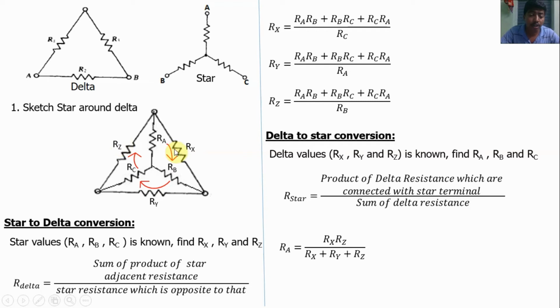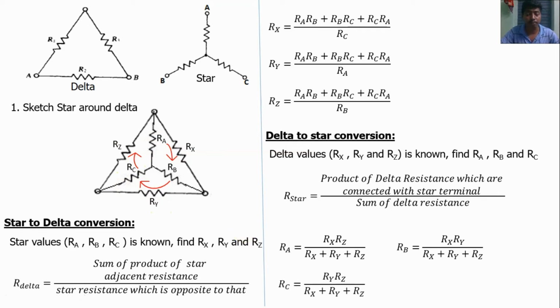So Ra is the product of the delta resistances connected to this star terminal, Rx Rz, divided by the sum of the resistances Rx plus Ry plus Rz. Then Rb is equal to Rx Ry divided by Rx plus Ry plus Rz. Rc is equal to Ry Rz divided by Rx plus Ry plus Rz.